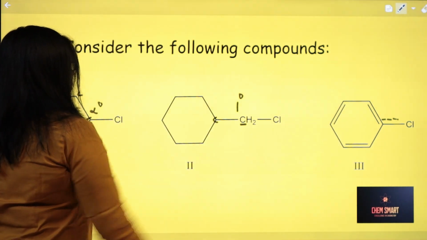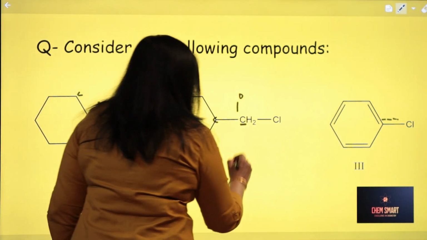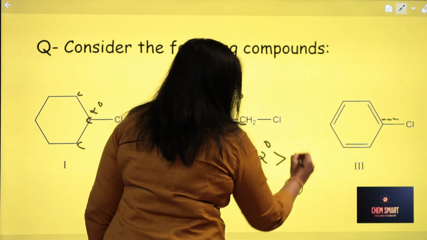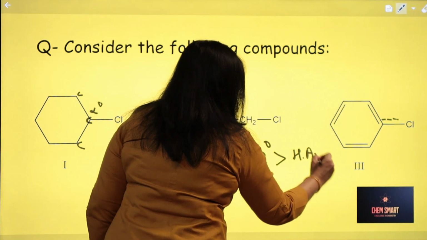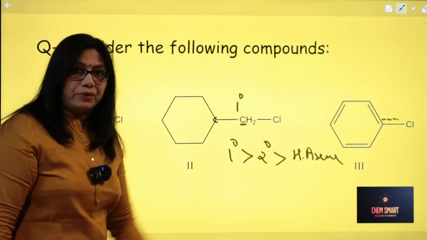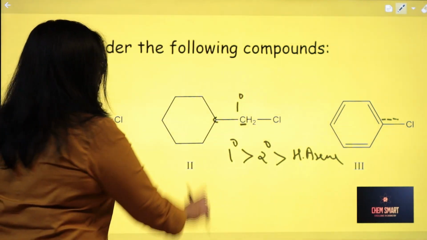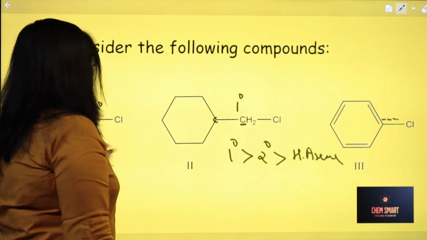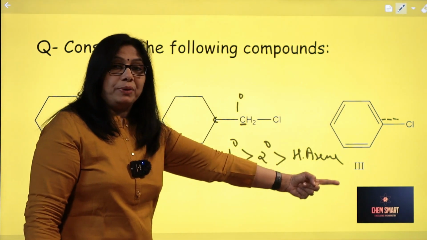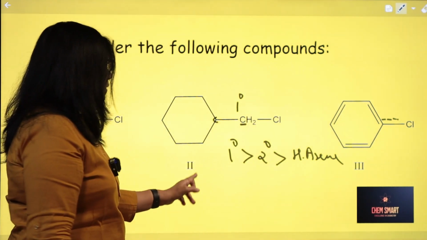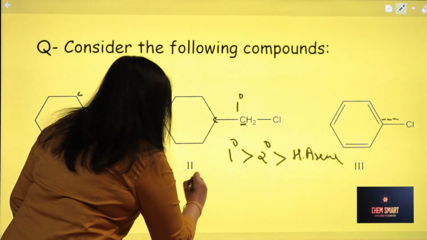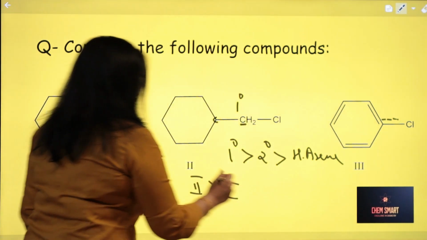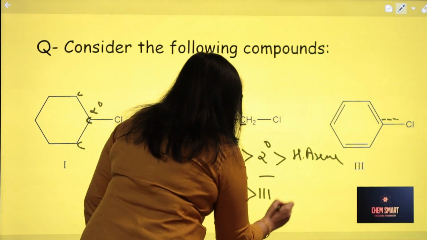Now, what will be the order here? Primary more than secondary, more than the haloarene, among the compounds given in the question. Primary is the second one, secondary is the first one, and the least reactive will be the third one. So the order is 2 more reactive than 1, that is primary more than secondary, more than the haloarene.